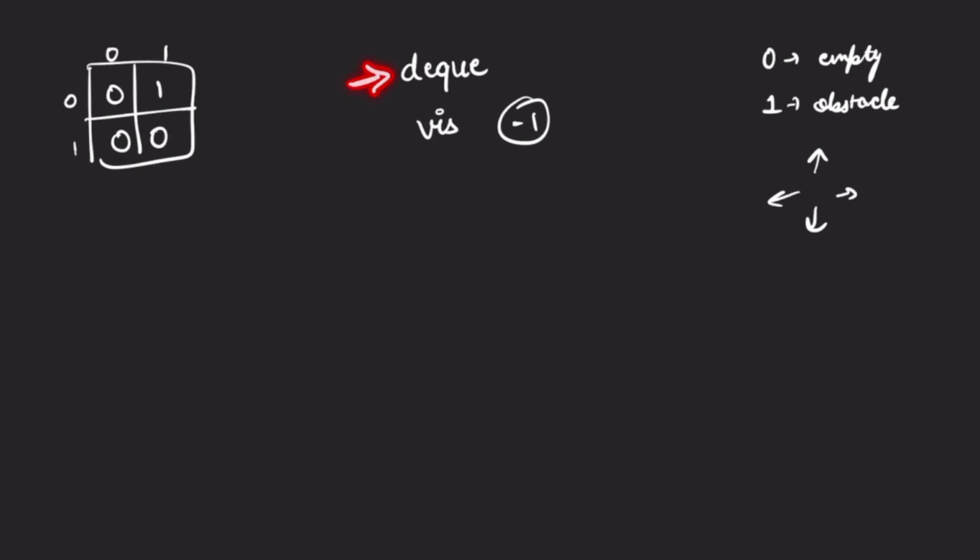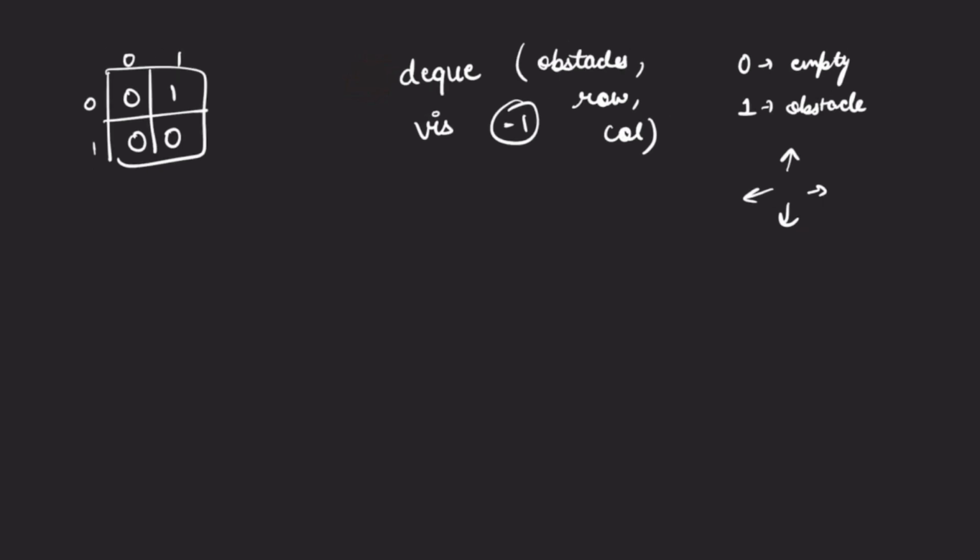So in my DQ, we will push three things: the number of obstacles removed till this cell, then the row of that cell and the column of that cell. Initially, we are standing at cell 0, 0, and the number of obstacles removed is also 0. So in our DQ, initially we have 0, 0, 0: this is the obstacles, this is the row, and this is the column. This is our DQ.